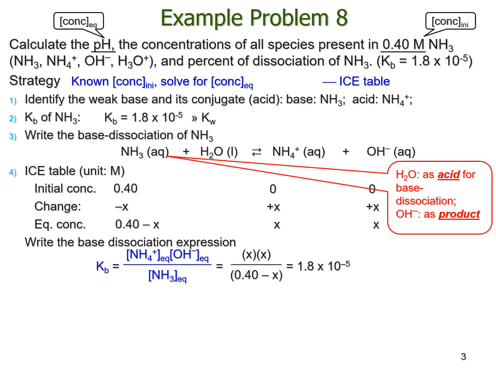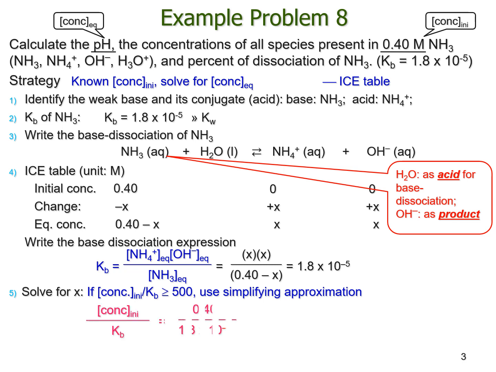Look familiar, right? So we try out the 500 rule. For me, I would try out the 500 rule anytime I can. Okay, so we have initial concentration 0.4 divided by 1.8 times 10 to the negative fifth. So what we got is 22,222. That number is much greater than 500. That means the 500 rule applies.